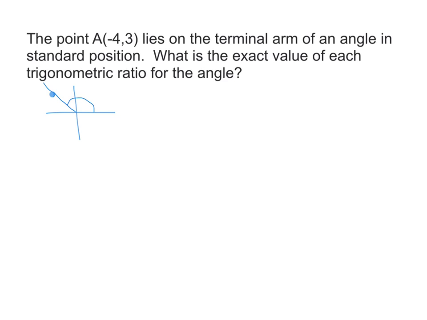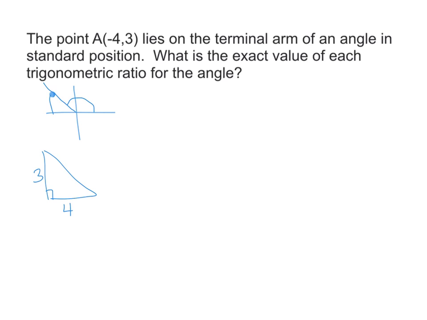We always draw the triangle, just like we do with the other ones, to the closest x-axis so that we're talking about the reference angle. The reference angle always measures to the x-axis. So that's where I need to draw in my triangle. Now I'm looking at this little triangle that has a base of 4 and a height of 3 and a right angle there.